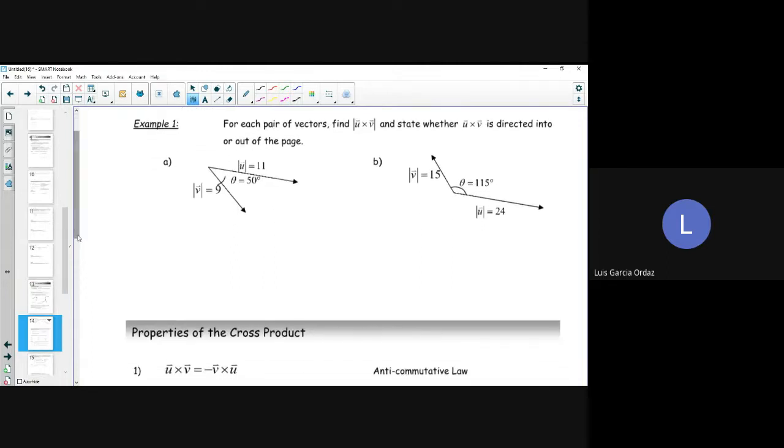So let's use our definitions. I know that the magnitude of vector u cross product v is equal to the magnitude of u times the magnitude of v times sine of theta, my mistake.